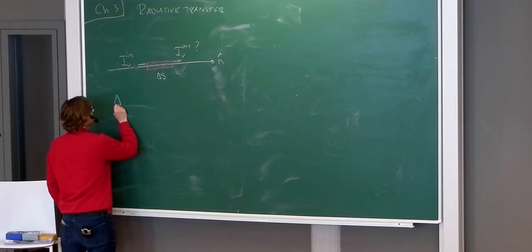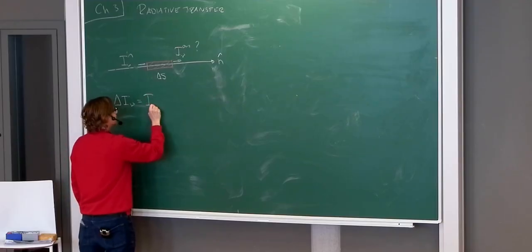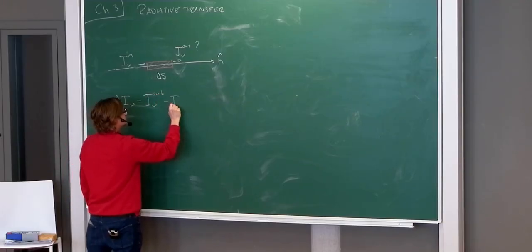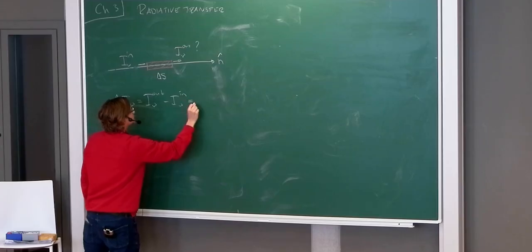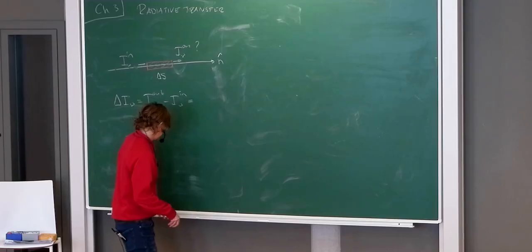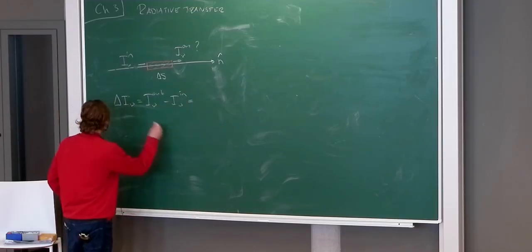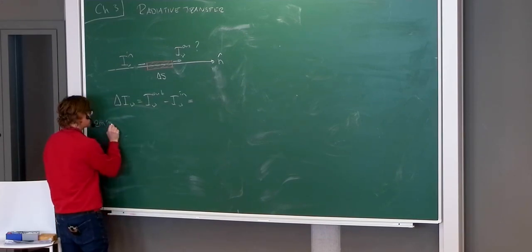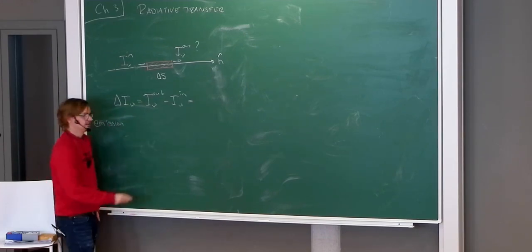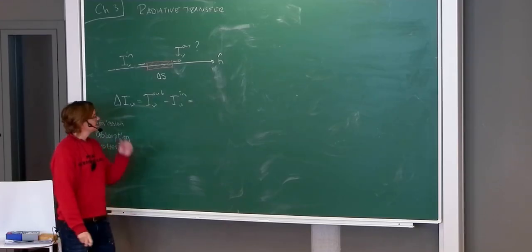So then we will have that delta I nu, that is the change in the specific intensity, depends on the three different processes that we already said could happen. Remember, we had the emission of material, we had the absorption, and we also had scattering. Okay?